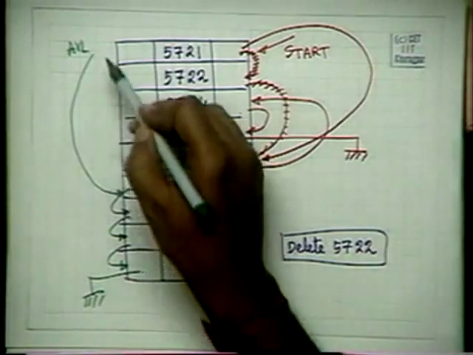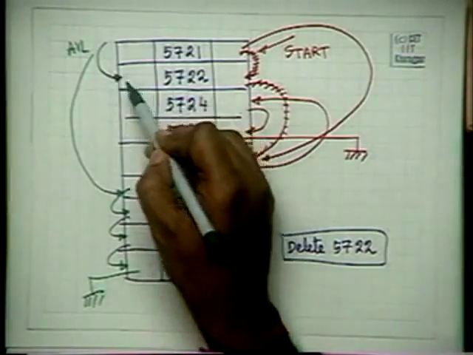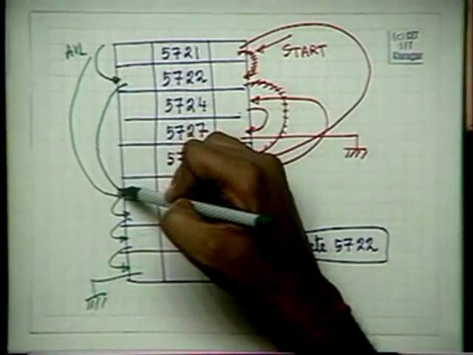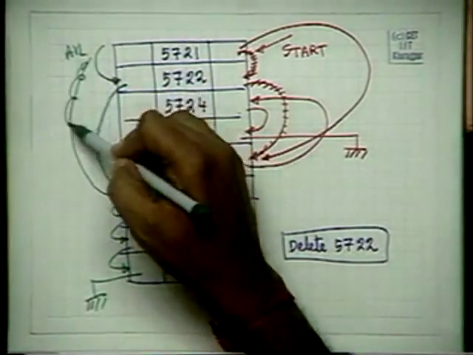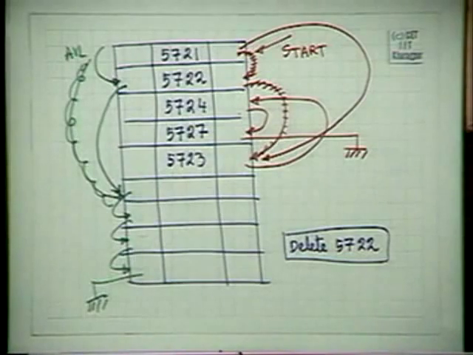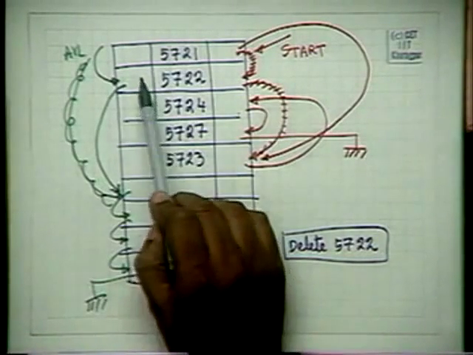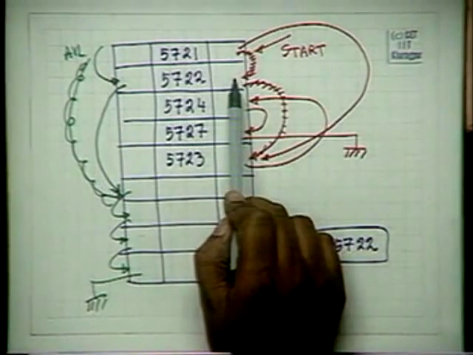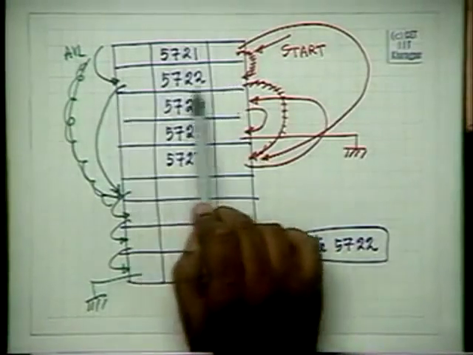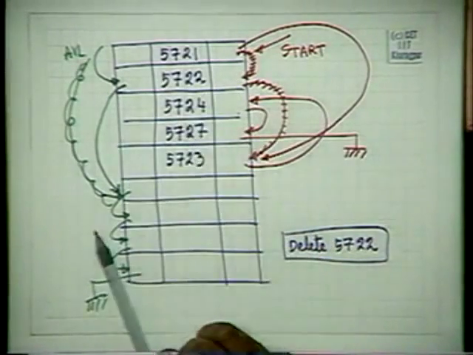What we will do is, we will now make available point here, and this will point to the one where available was pointing to. So next time when you want to insert anywhere, you will insert it here. So you reutilize the space as much as possible.